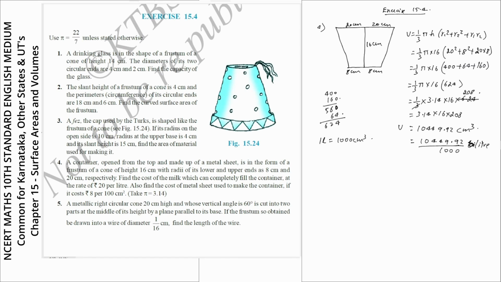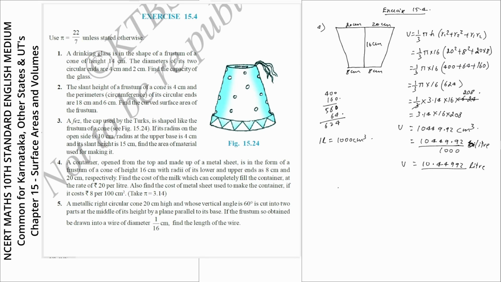So this is equal to 10.44992 liter. For division I'll just shift the decimal point by 3 places, because in the denominator there are 3 zeros. So this is the volume in liters.